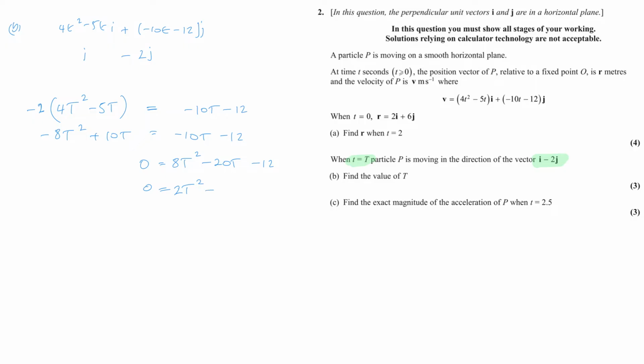So 2t squared minus 5t minus 3. Now factorize. If it will factorize, you can use the formula, and you can use your calculator as long as you show all your working out. So, you know, you could work backwards from your calculator, couldn't you? 1 and 3.